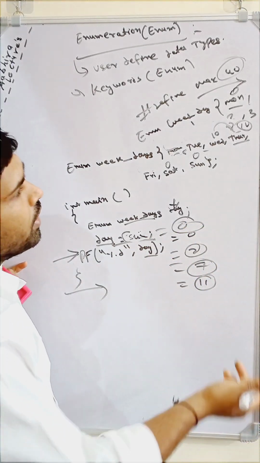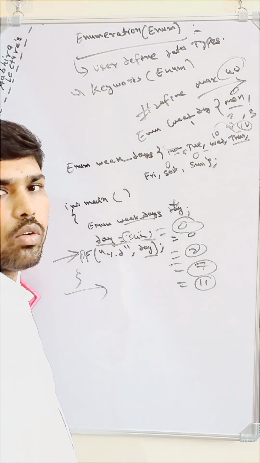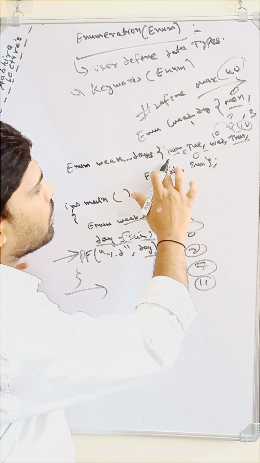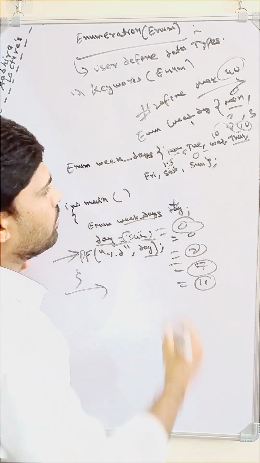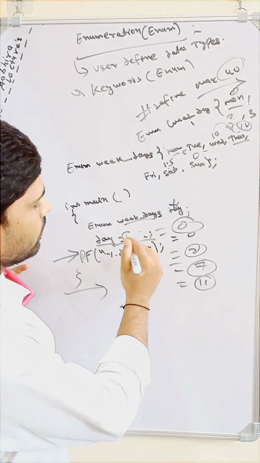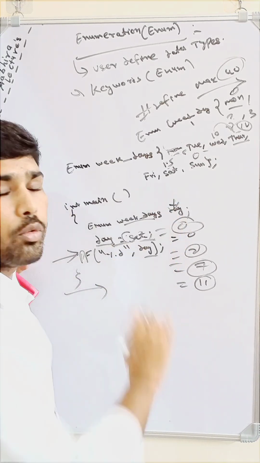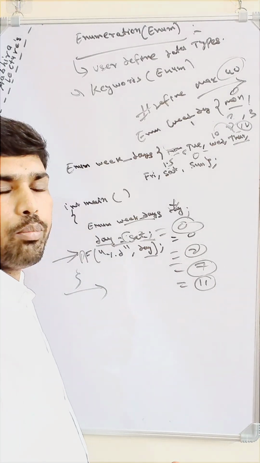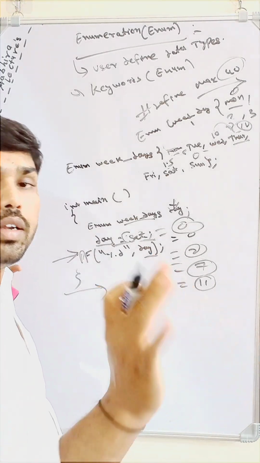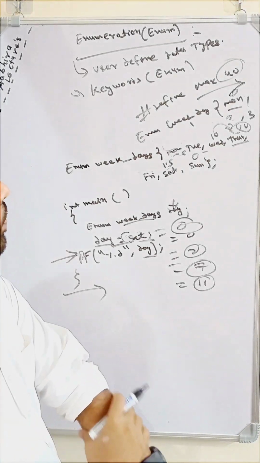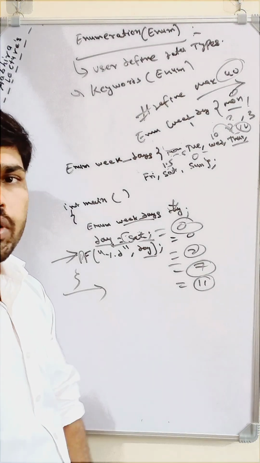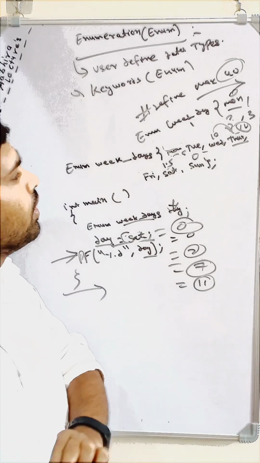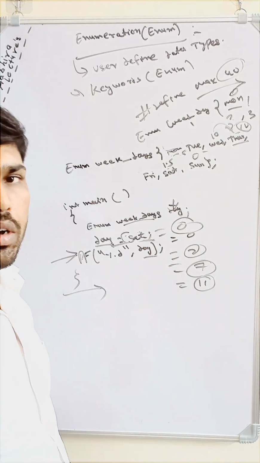And as I said, we can use integers only, not decimals. Suppose you give Saturday equal to 1.5 and print Saturday, it will not work, because the rule says it must be an integer value, not a decimal value. So these things we have to keep in mind when writing the program with the help of enum.